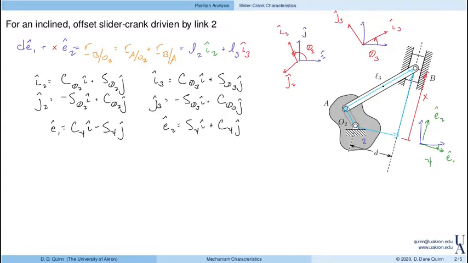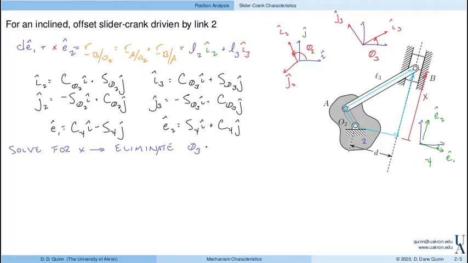And if I want to solve, for example, for the slider displacement, so say we want to solve for x, well, the easiest way to do that is to eliminate the other unwanted unknown, right? So if I want to solve for x, that really means that I want to eliminate theta 3.